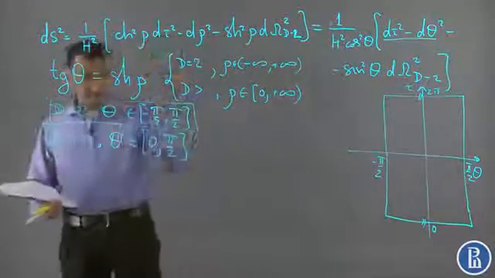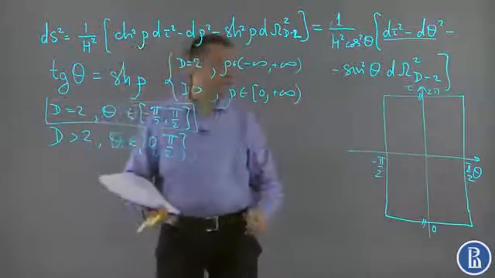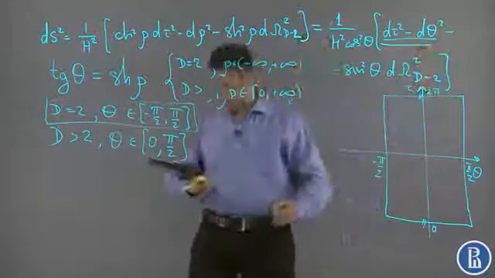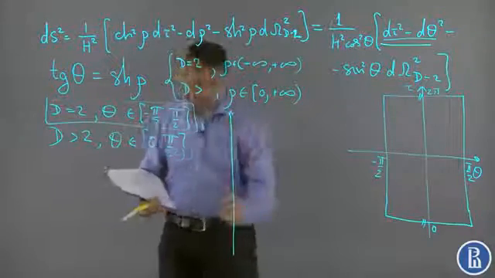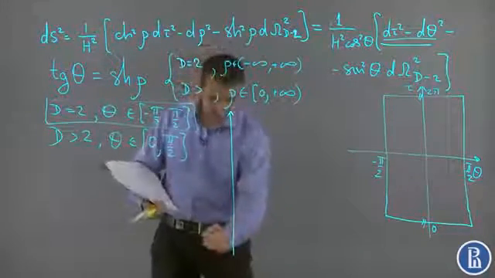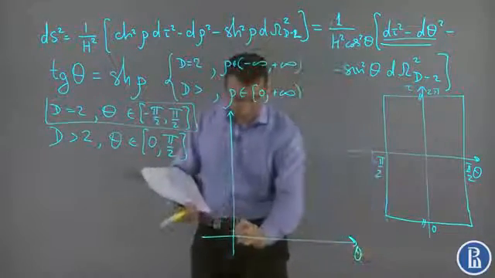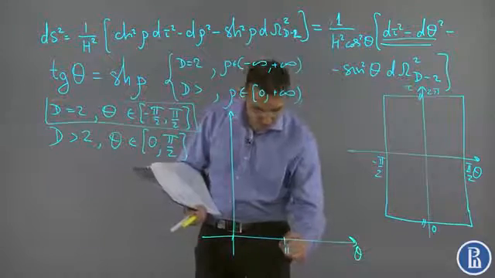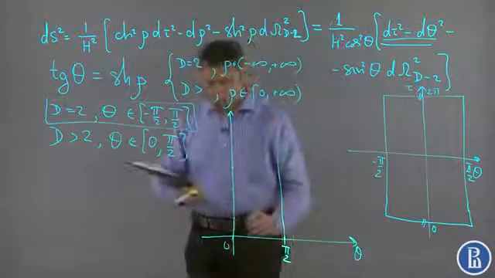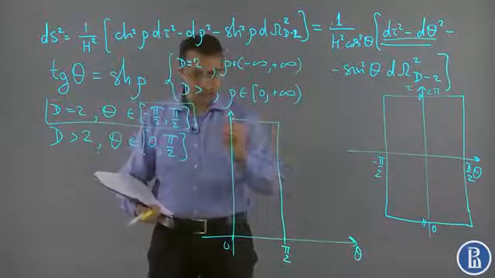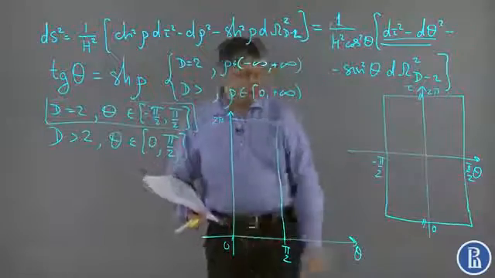For the case of greater than 2 dimensions, we have the following situation, let me draw it like this. Along theta, we have from 0 to pi over 2. And this is straight. And here we have from 0 to 2 pi. So this is 4 times longer than this.